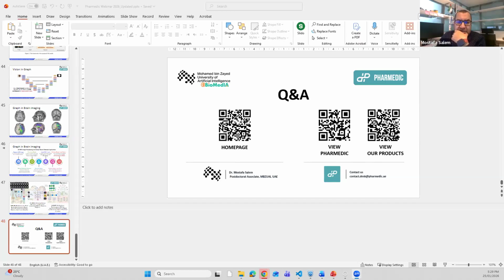Actually, this is what AI is doing now. AI can see what you can see with your eye and more. There are a lot of markers that you can see by your eye, and many of them you cannot see by your eye. And also the correlation between the different modalities.